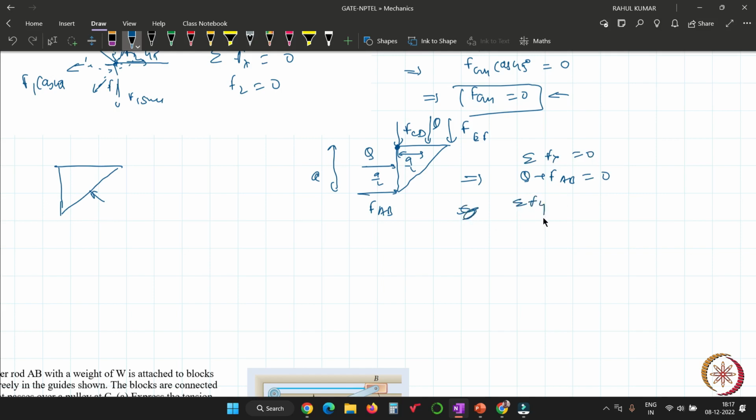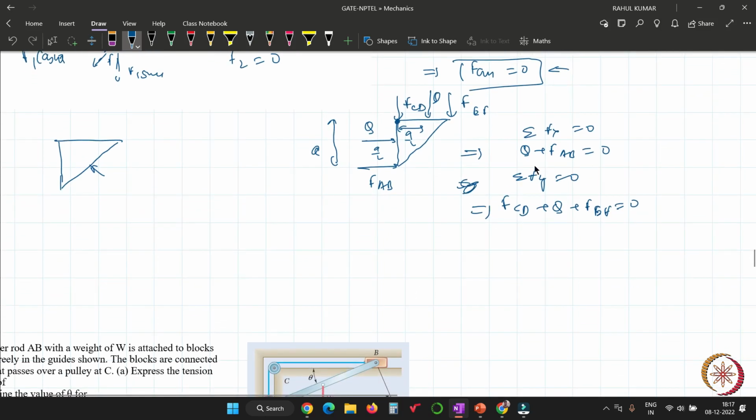Now apply summation of Fy equal to 0. So FCD plus Q plus FEF equal to 0, right? You have two conditions.